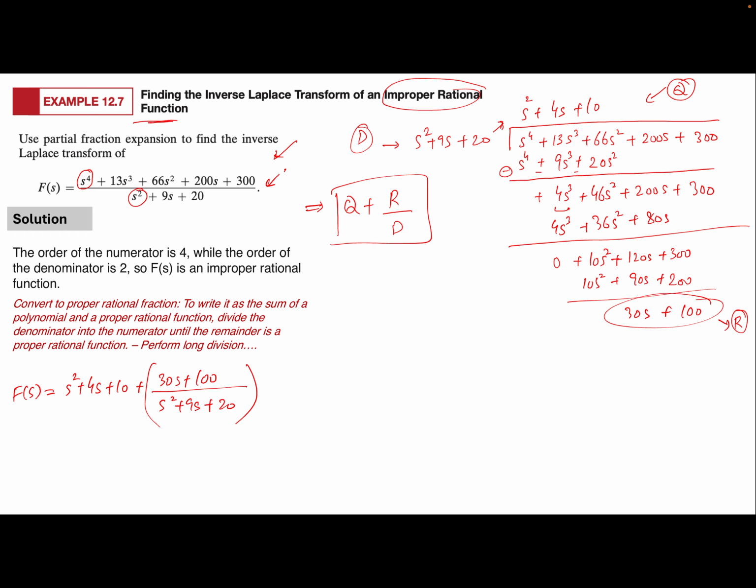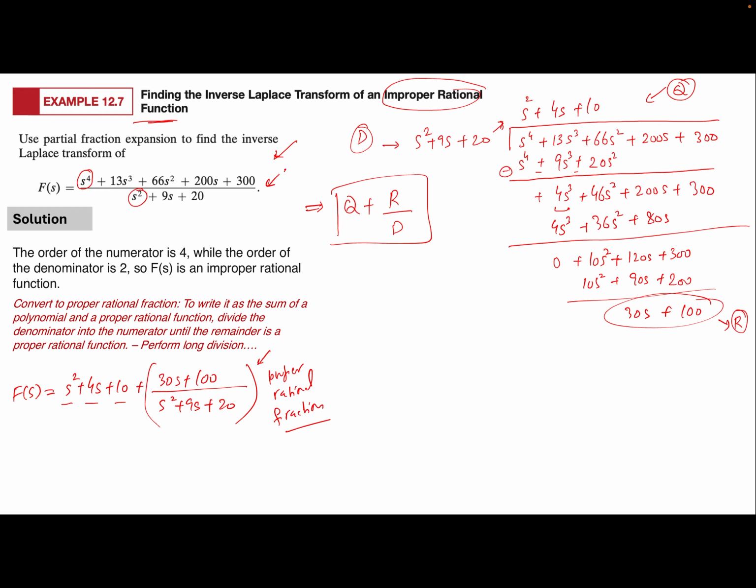Now I can see that I have these individual terms, which I can easily find the inverse Laplace transform of, and then this bracket term is a proper rational fraction that I can solve with the techniques that I have learned in the past.